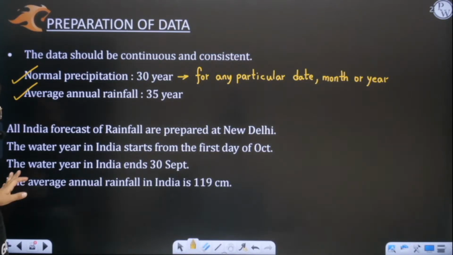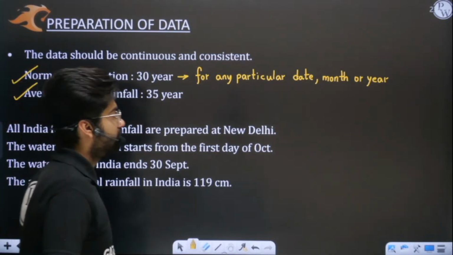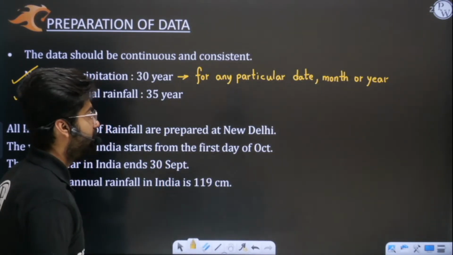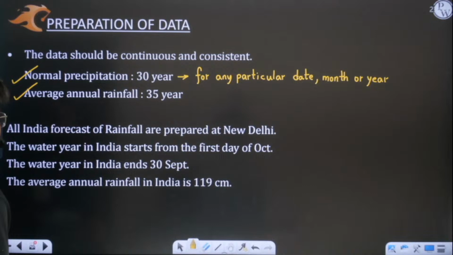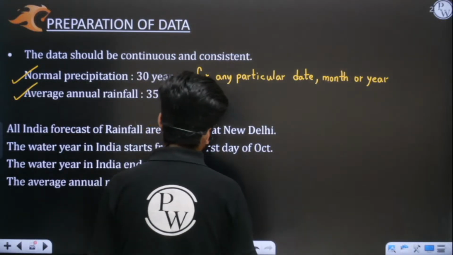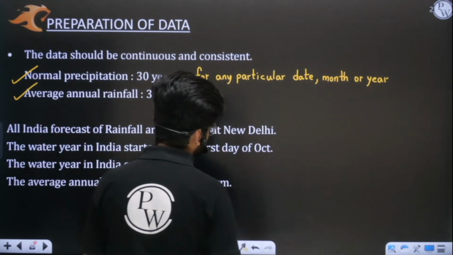See, all the Indian forecasts of rainfall are basically prepared at the Indian Meteorological Department, which is located at New Delhi. Okay, and the water year in India starts from the first day of October. It is not the case. Generally, it happens on the first day of June.